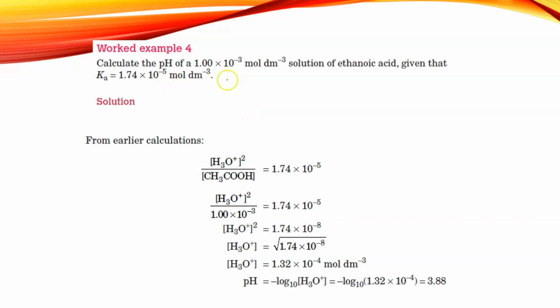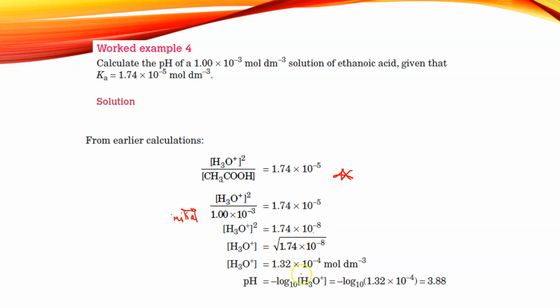So we're back to this ethanoic acid. We've been given the Ka, same values as before. We had gotten this far with our expression. We can now substitute in the initial concentration into our Ka expression. We get that H3O+ squared is equal to this value, so the H3O+ concentration is going to be the square root.